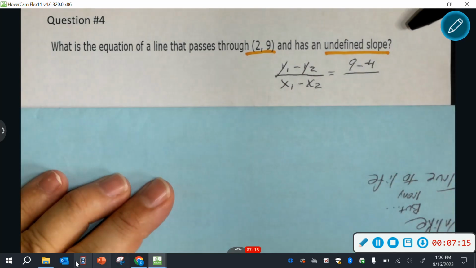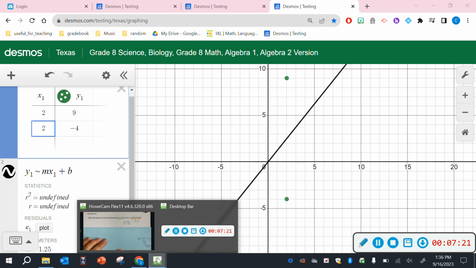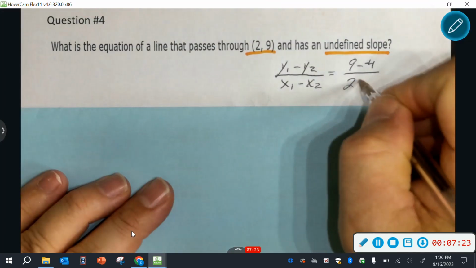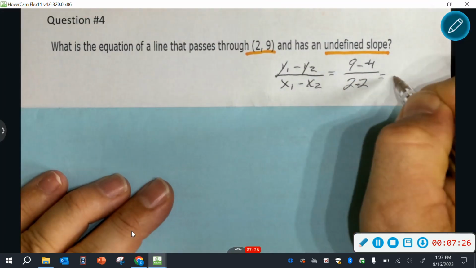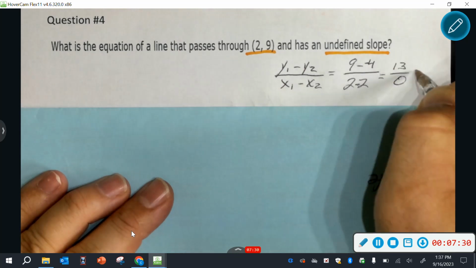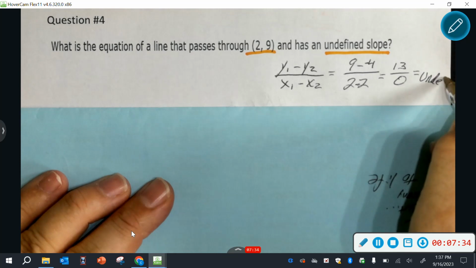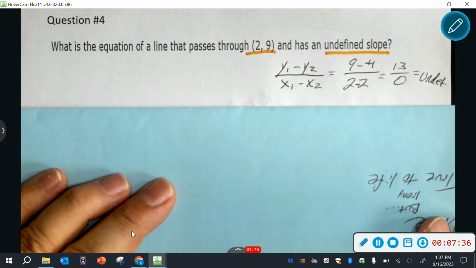But look at the bottom. On the bottom, we're going to have 2 minus 2. Okay, 2 minus 2, and that gives you 0. So this will be what? 13 over 0. Now, if you do 13 over 0 in Desmos, you're going to get undefined.